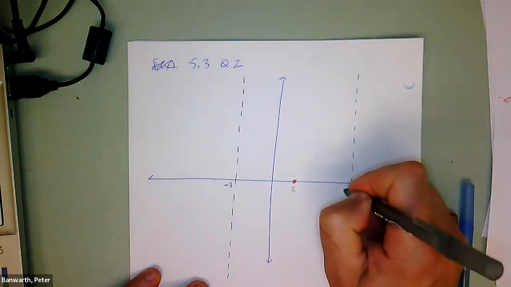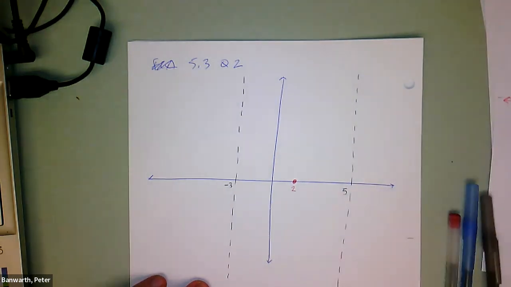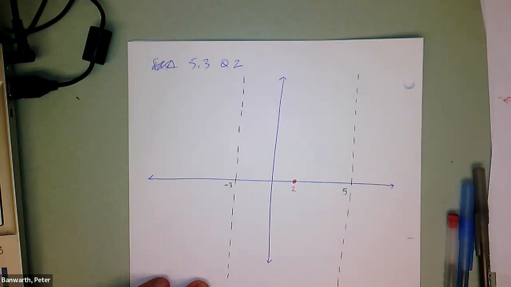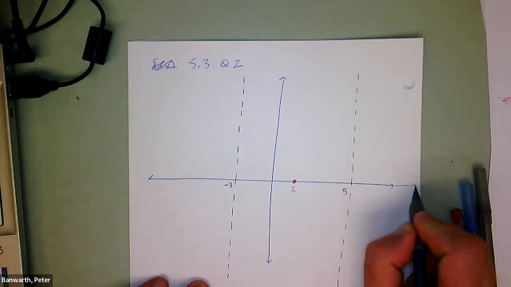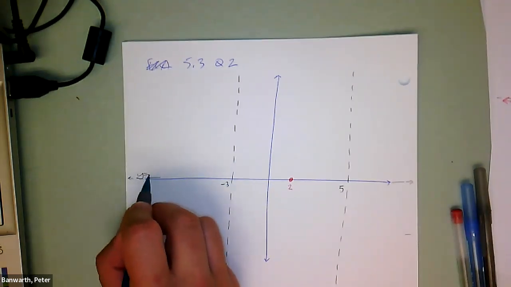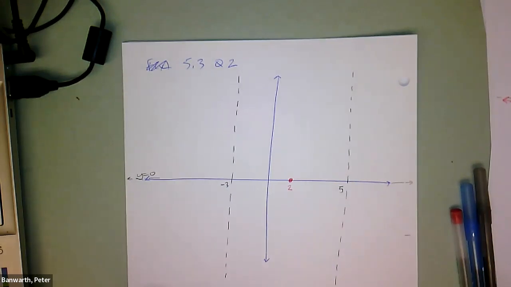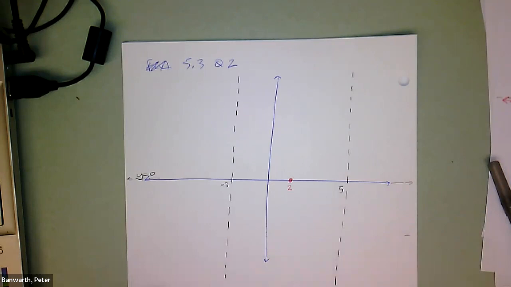And that's going to be the point 5 right there. And I'm going to draw in a horizontal asymptote. Y equals 0 here. And now I'm going to trace in a possible function.